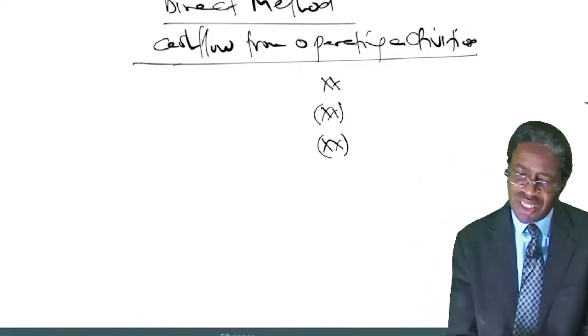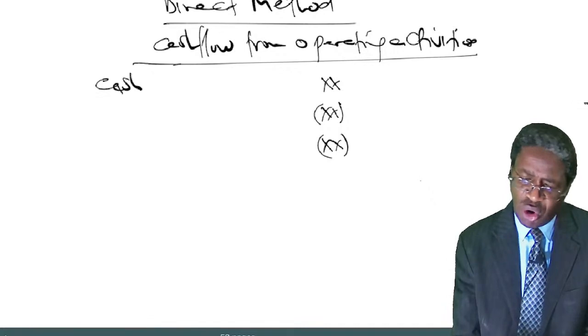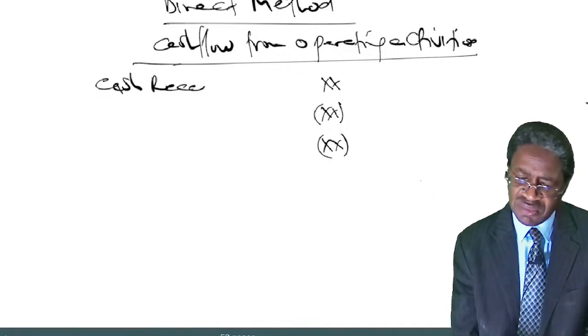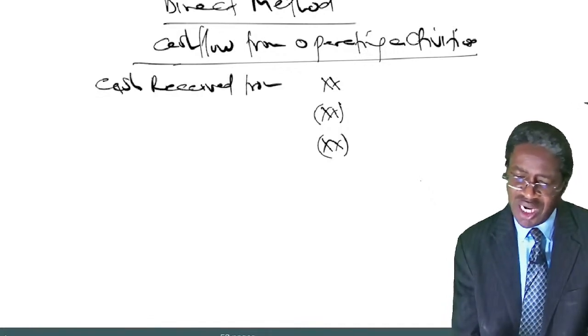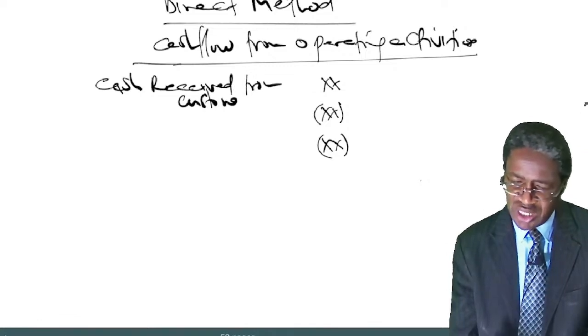But now, to get the cash flows from operating activities using the direct method, I do hope you remember that one figure you need is what we call cash received from customers.